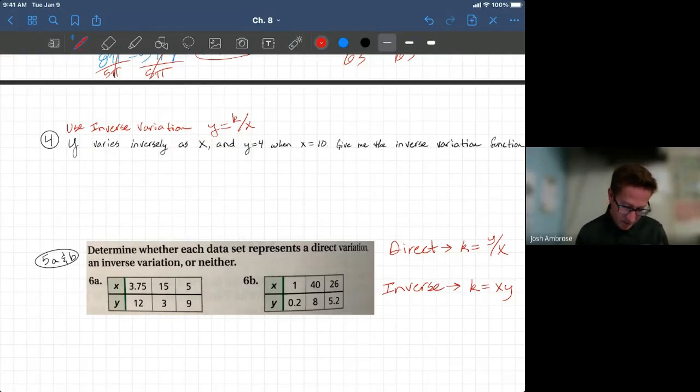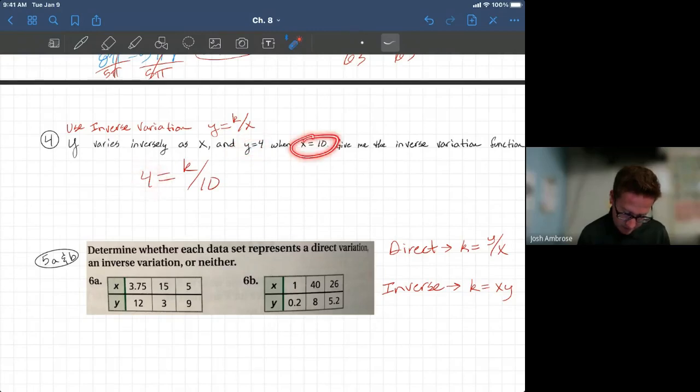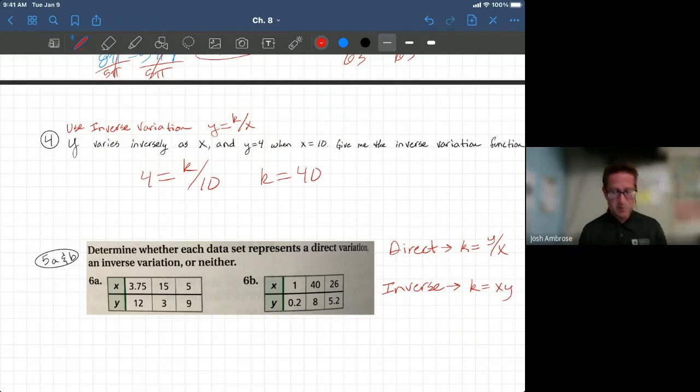All right, given the values, y is 4 equals k over 10. All I did was plug in the values. There's y, plug it in here. There's x, plug it in here. Solve for k. K equals 40. Remember, just cross multiply here.